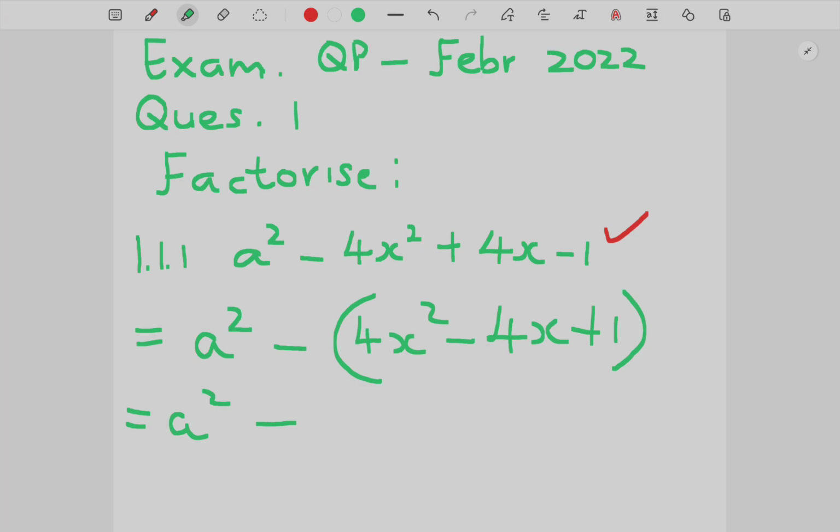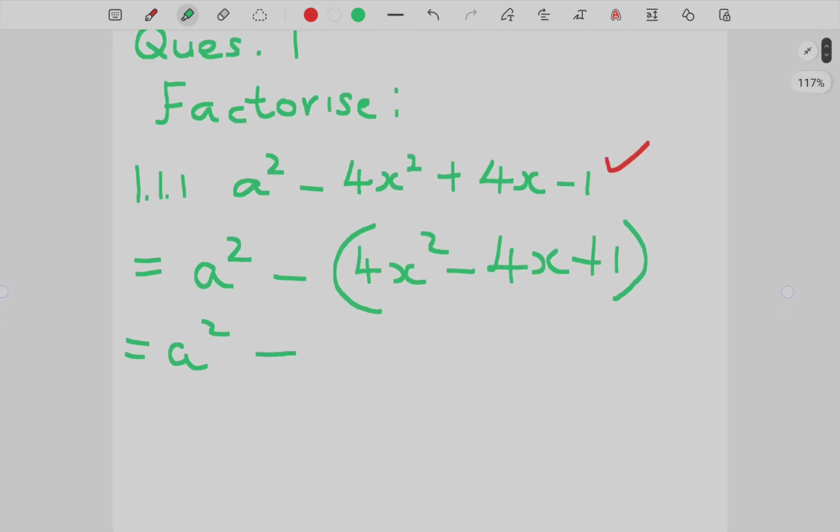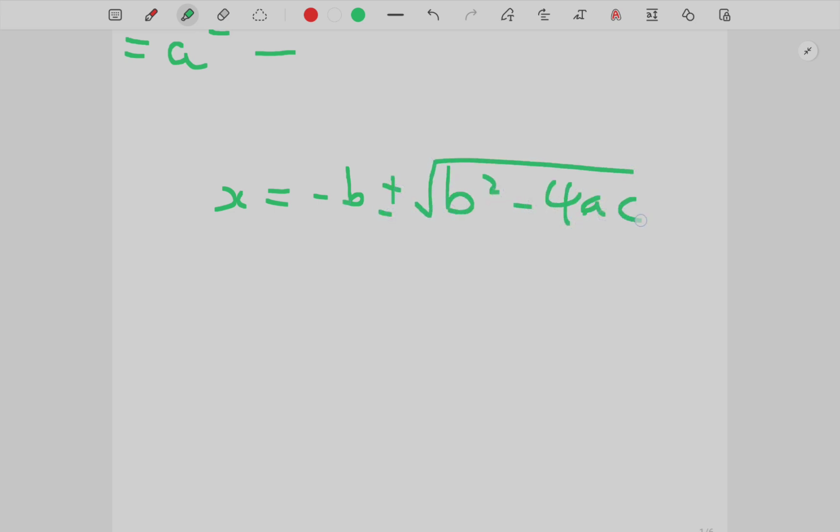If you are unable to factorize, you find it difficult, you can use the quadratic formula. Then you know at the end you're going to reverse. The quadratic formula says x is equal to minus b plus or minus the square root of b squared minus 4ac all over 2a.